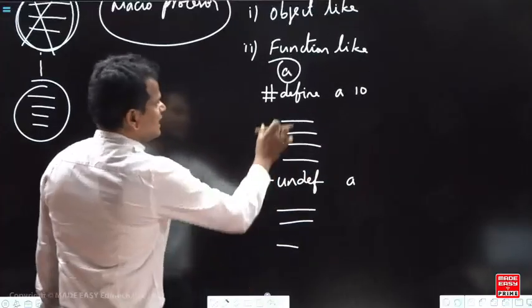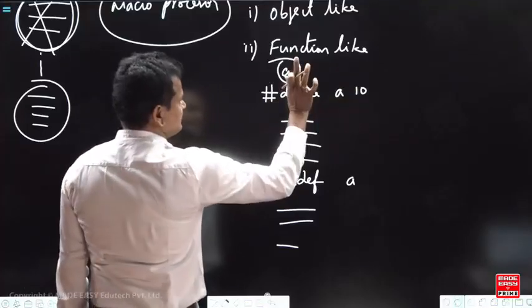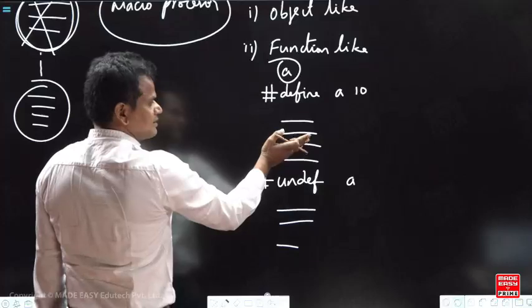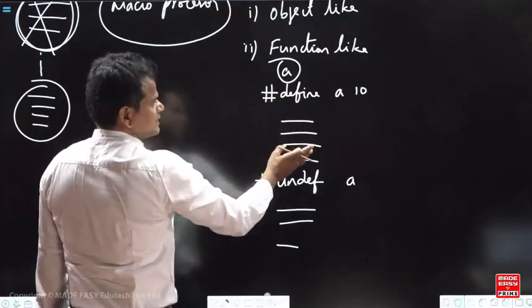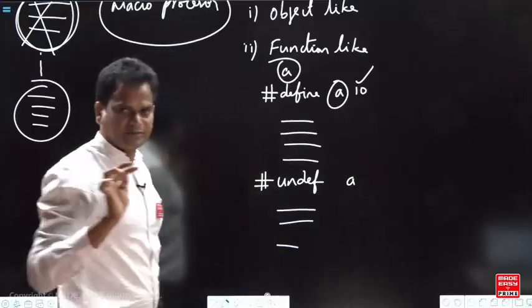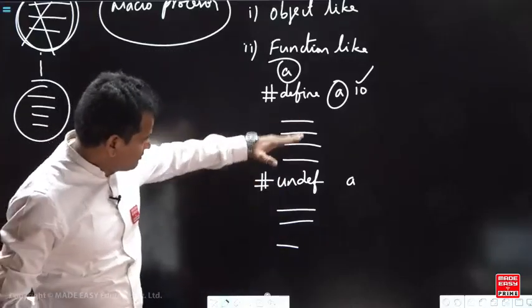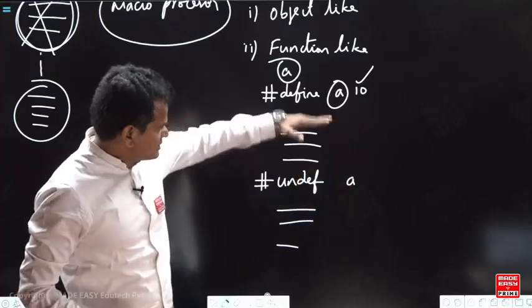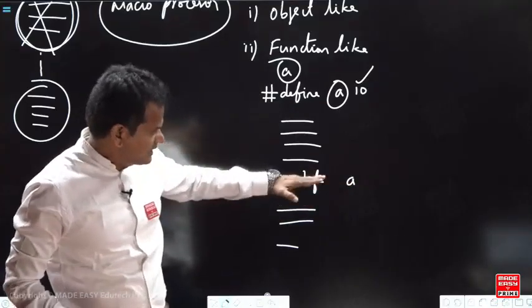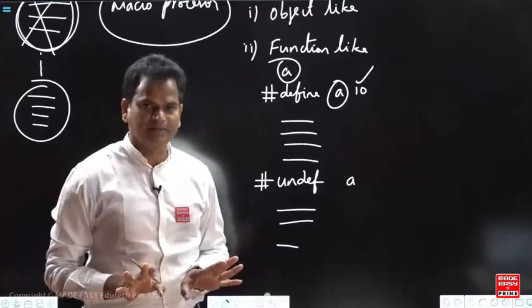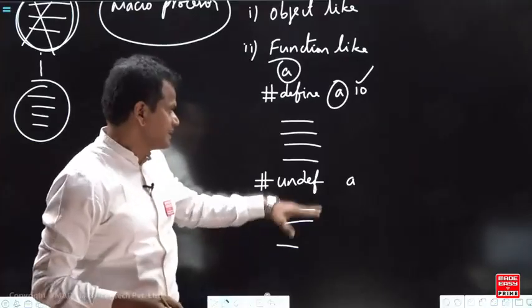Look at this. I have defined A as 10. So after this, wherever A is there, the macro processor will replace A with the value 10. And after some instructions, I have undefined A. That means after this line, wherever A is there, A will be A only. It won't replace A with 10.